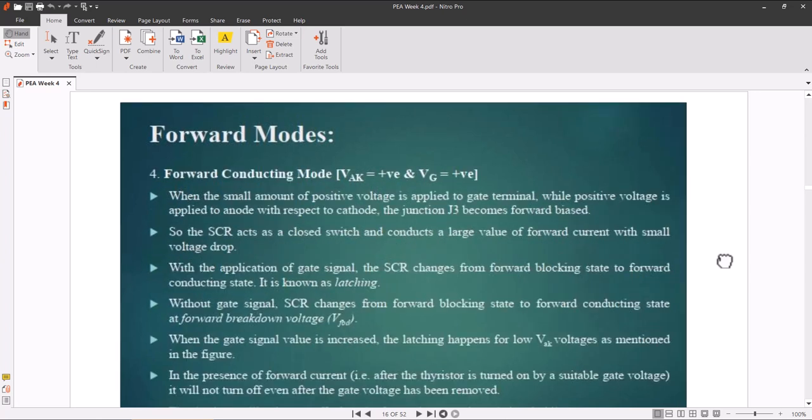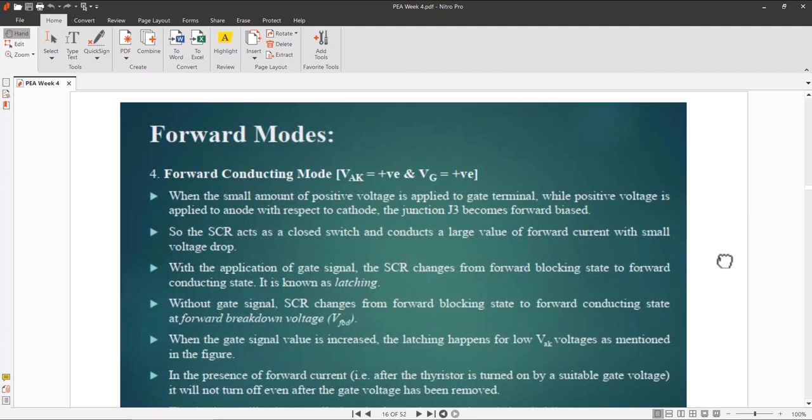Forward conduction mode: when VAK is positive and VG is also positive. When a small amount of positive voltage is applied to the gate terminal, while a positive voltage is applied to the anode with respect to the cathode, the junction J3 becomes forward biased. So the LASCR acts as a closed switch and conducts a large value of forward current with a small voltage drop. With the application of the gate signal, the LASCR changes from the forward blocking state to the forward conducting state.